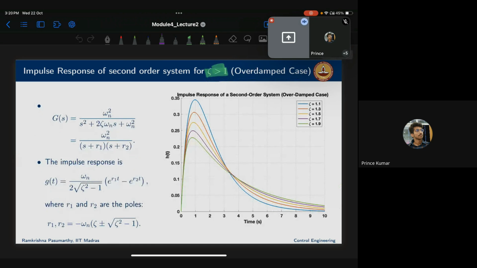The other one is when zeta is greater than 1, which we call the overdamped case. All this is in light of the impulse response only.